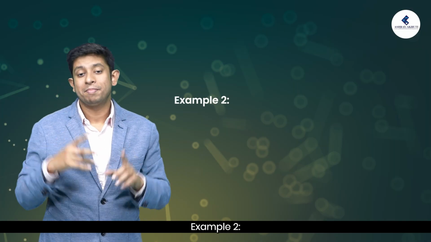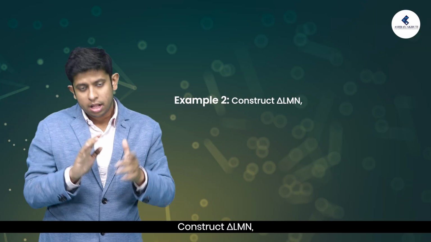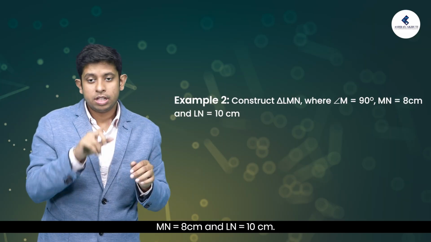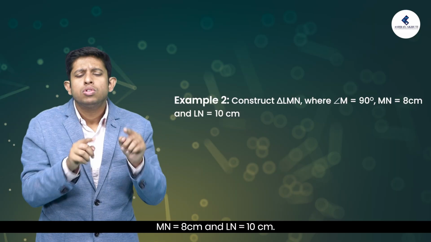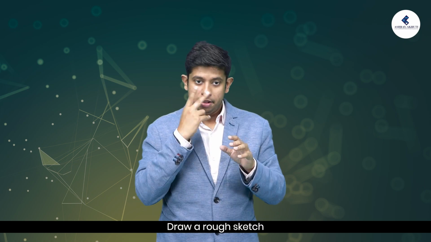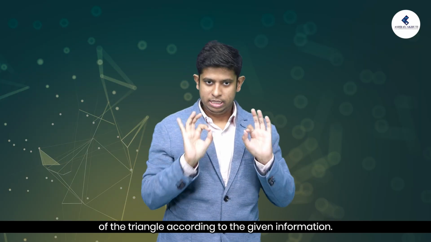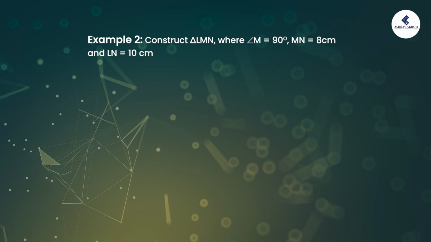Example 2. Construct triangle LMN where angle M is equal to 90 degrees, MN is equal to 8 cm and LN is equal to 10 cm. Step 1. Draw a rough sketch of the triangle according to the given information. Step 2.